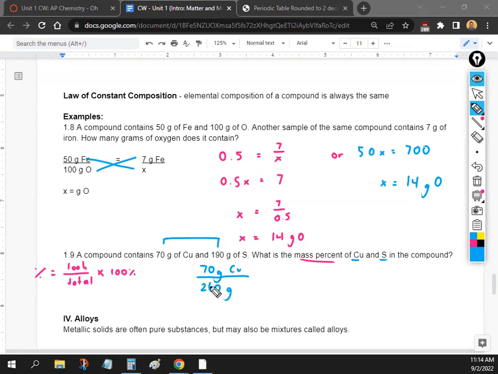If you want to find out the total mass of something and you got 2 parts, you add them together. And then you're going to do times 100%. Okay? And for the mass percentage of copper, you get 26.923% copper. Any questions about that one?